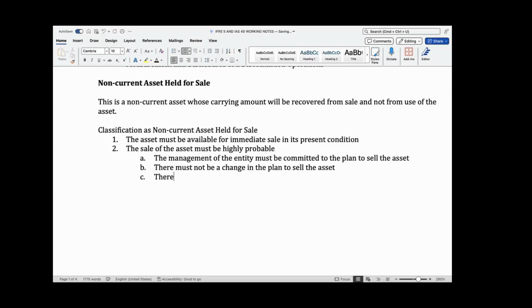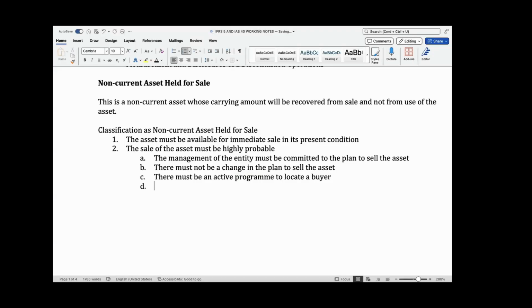Also, there must be an active program to locate a buyer, meaning that the asset must be marketed. You need to market the asset.